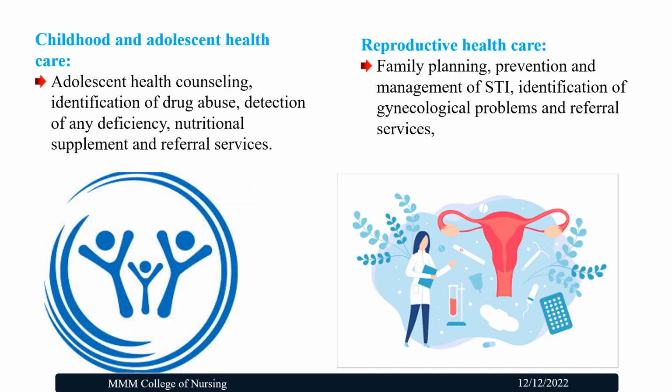Childhood and adolescent health care: counseling, identification of drug abuse, detection of any deficiency, nutritional supplement and referral services. Reproductive health care: family planning, prevention and management of sexually transmitted infections, identification of gynecological problems and referral services.